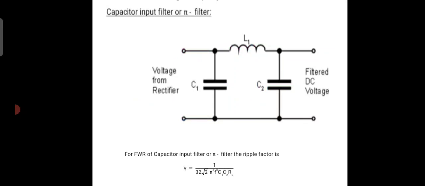Here what happens when the capacitor is connected at the initial stage, the output of a rectifier will pass through the capacitor C1.